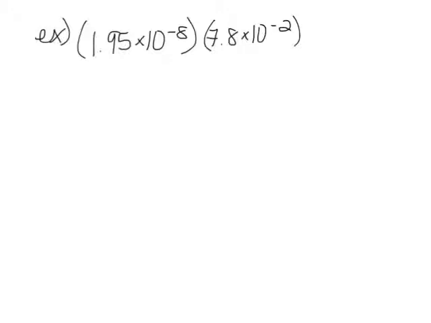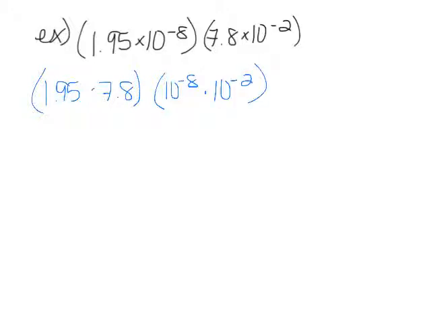So the first thing that I want to do is rewrite it as 1.95 times 7.8 times 10 to the negative 8th times 10 to the negative second, and I'm going to get 15.21 times 10 to the negative 10th.